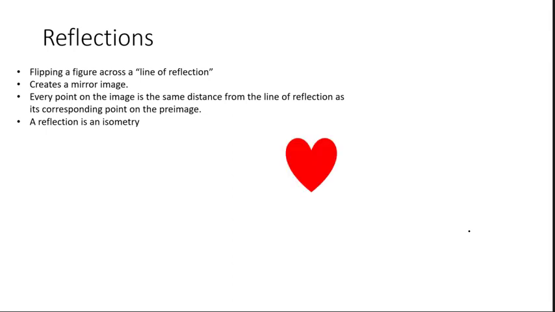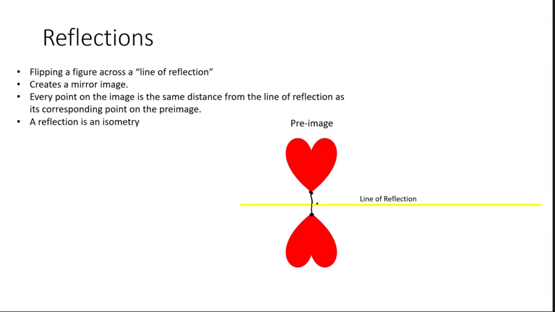So here's an example. Here's our pre-image. It's a picture of a heart, and let's say this yellow line is our line of reflection. Our image would be reflected across that line such that each point is the same distance from the line of reflection as its corresponding point. If you look at this point right here and its corresponding point right here, the tip of the heart, that distance from the line of reflection is going to be the same.